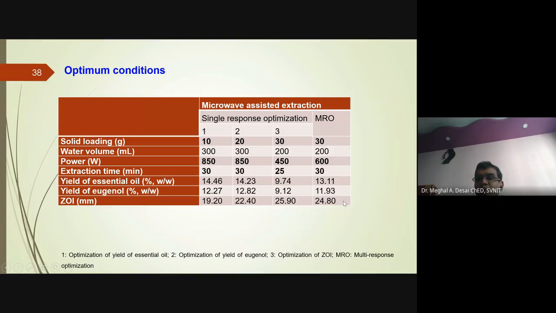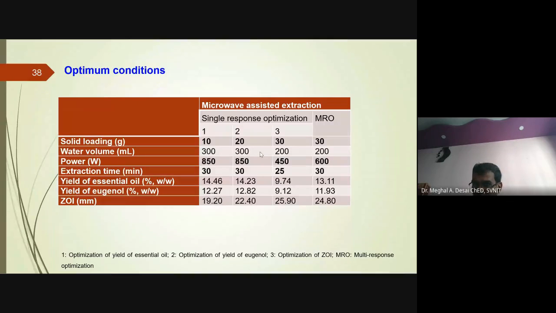Okay, so when you perform multi-response analysis, it is giving you reasonable outcome, though not maximum, but you were able to explore, or you can say you were able to have more robust condition, more production capacity, less water consumption compared to individual response. So optimum condition, though you can say a bit compromise.